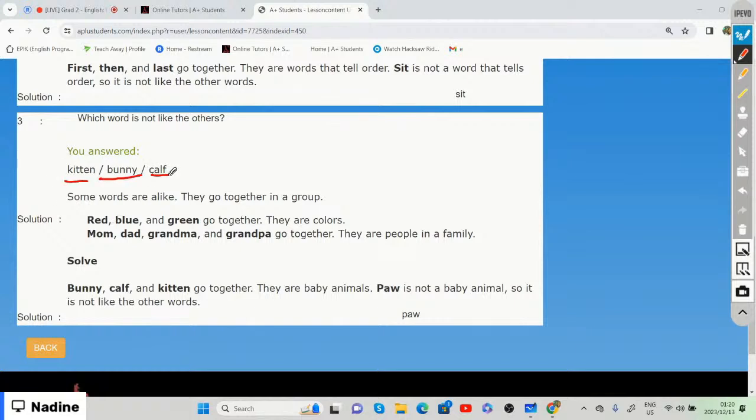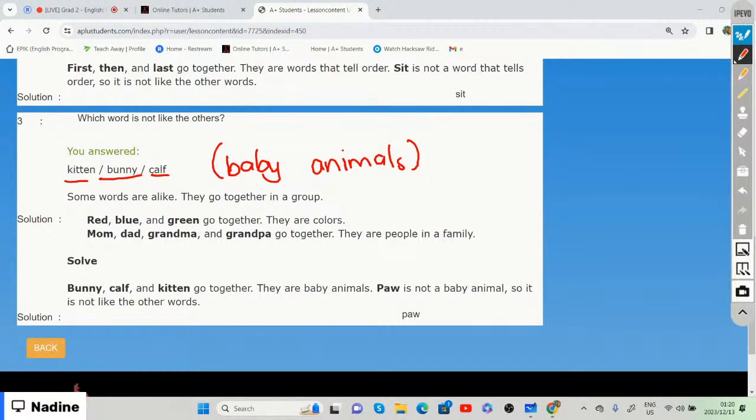They do go together. And the reason why they go together is because they are baby animals. Even if we had to put a puppy there, it goes together.